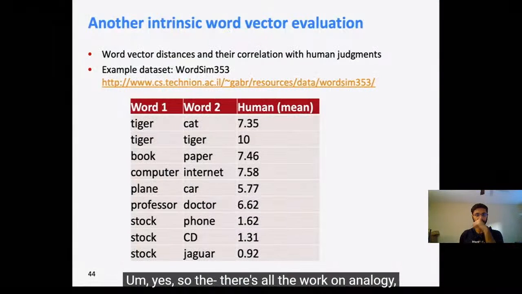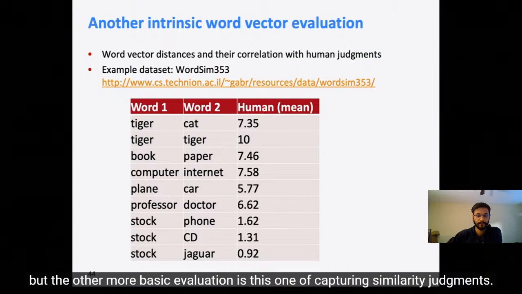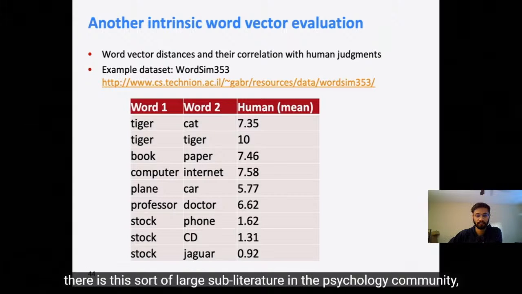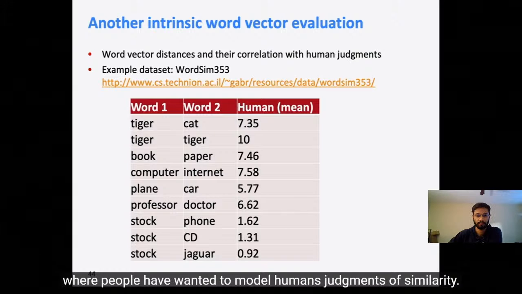Rushing ahead, there's all of the work on analogy, but the other more basic evaluation is this one of capturing similarity judgments. I haven't said much about this, but there's a large sub-literature in the psychology community where people have wanted to model humans' judgments of similarity.